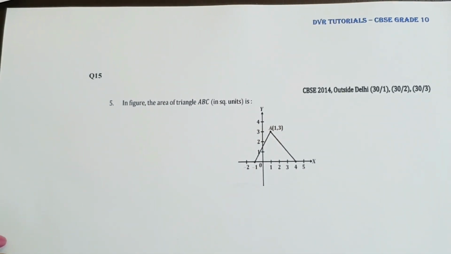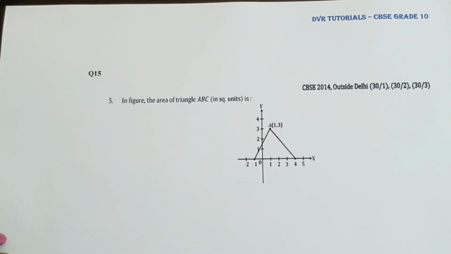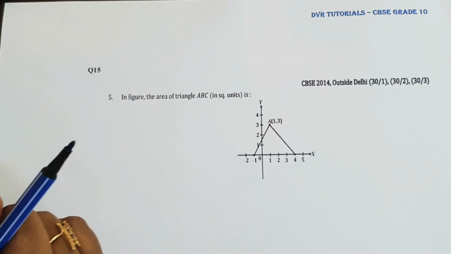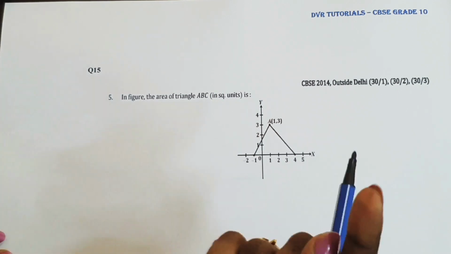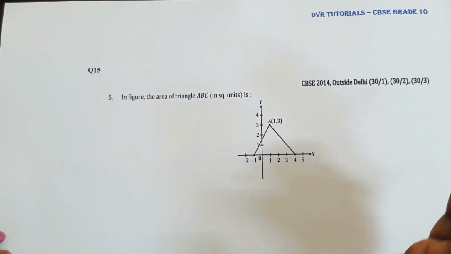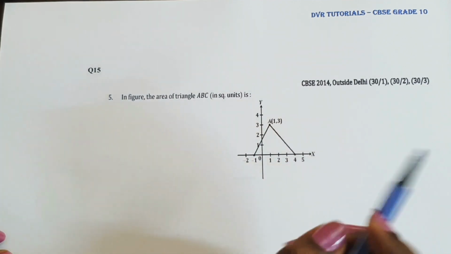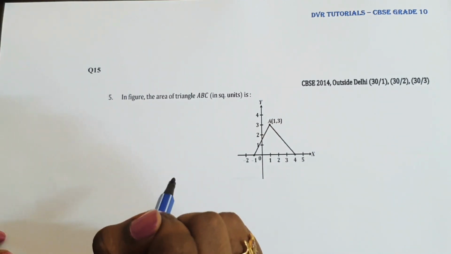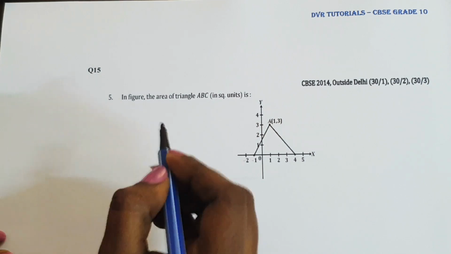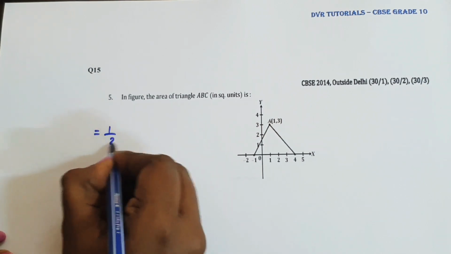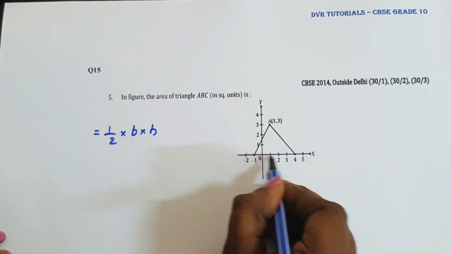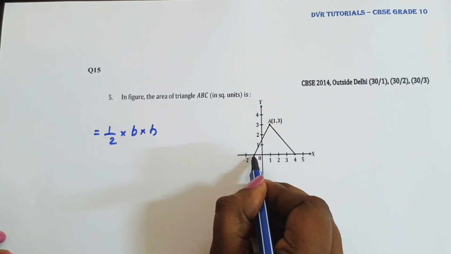So question number 15 is to find the area of a triangle and the figure is given to us. This question can be solved in two ways. First, I will solve it from the MCQ perspective, and second, you can try on your own by using the formula for area of a triangle. So since we are discussing MCQs, how do you solve if such a question comes in the MCQ? We know the area of a triangle is half into base into height, right? So base, you can see this is the base.